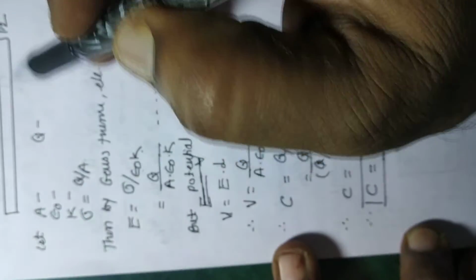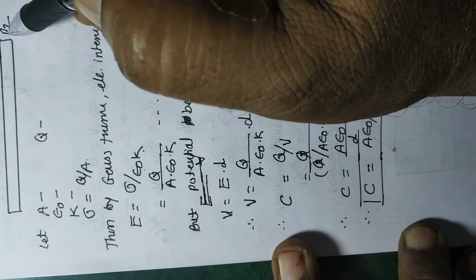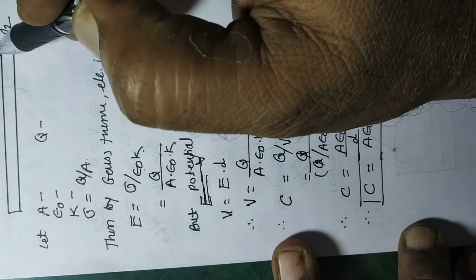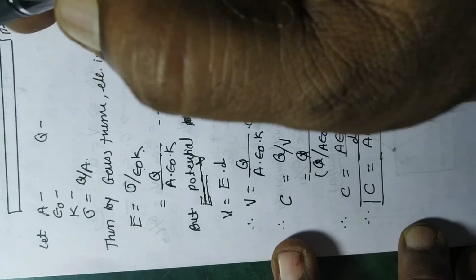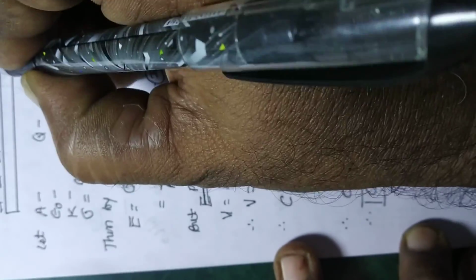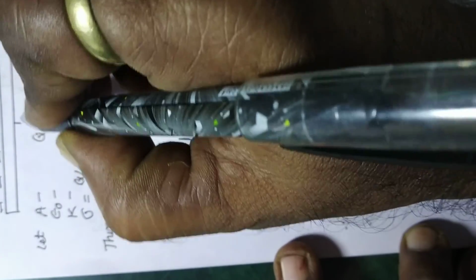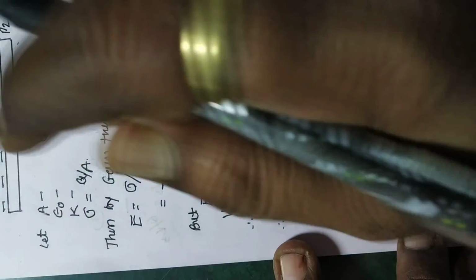Consider a parallel plate condenser consists of two plates P1 and P2 separated by distance d from each other with dielectric between them. If charge plus Q is added on plate P1, then an equal charge minus Q develops on the near side of plate P2, and positive charge escapes from plate P2.